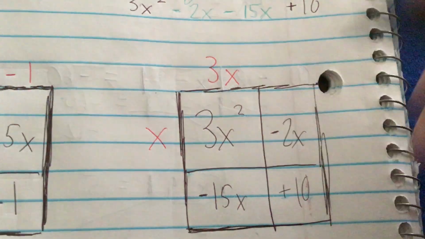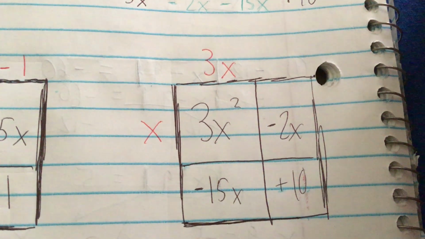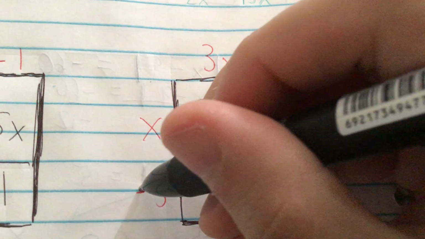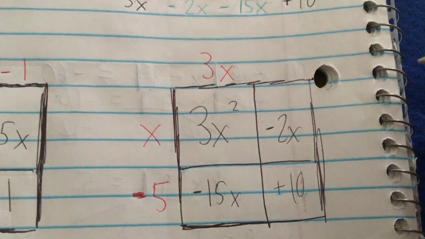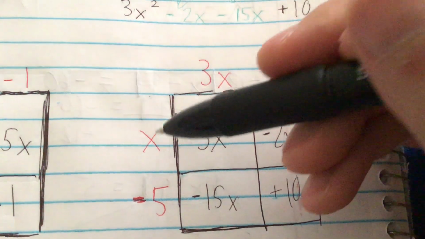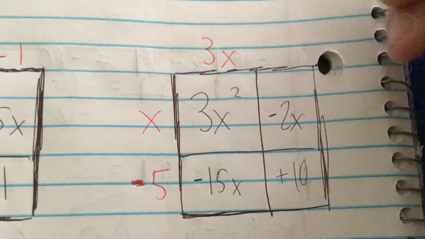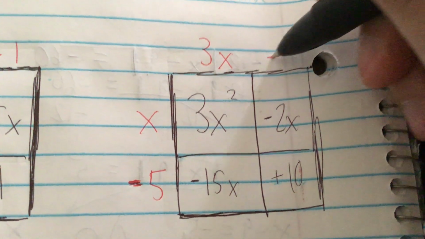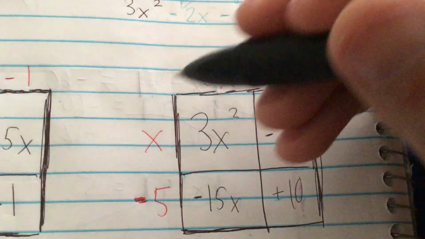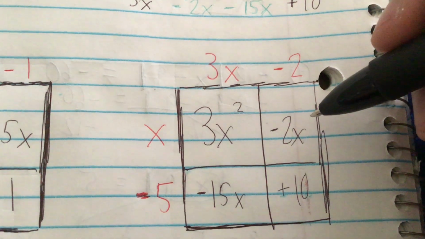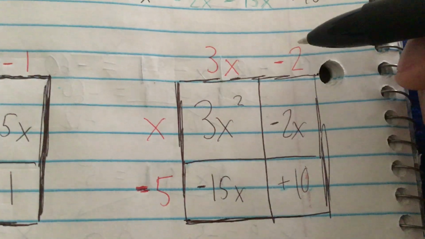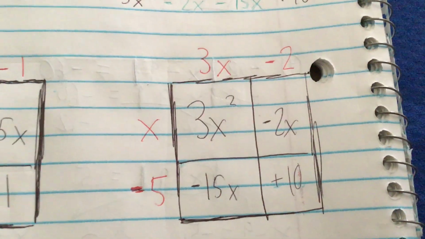3x times what is negative 15x? Negative 5. So negative 5. X times what is negative 2x? So since x times negative 2 is negative 2x, we need to confirm, is negative 5 times negative 2 positive 10?